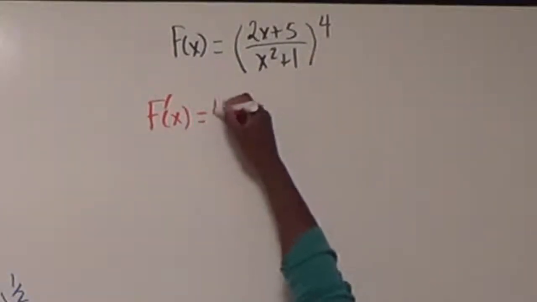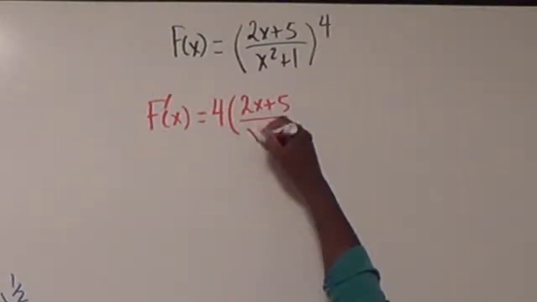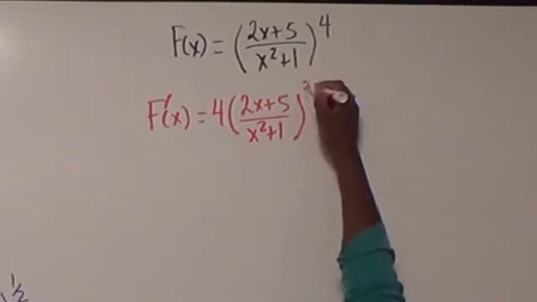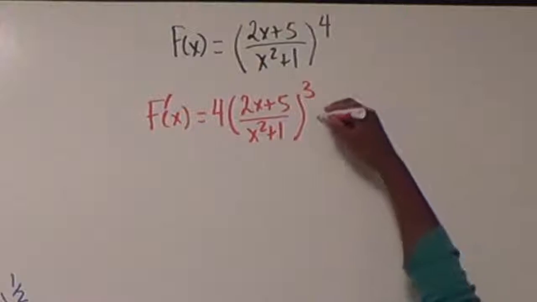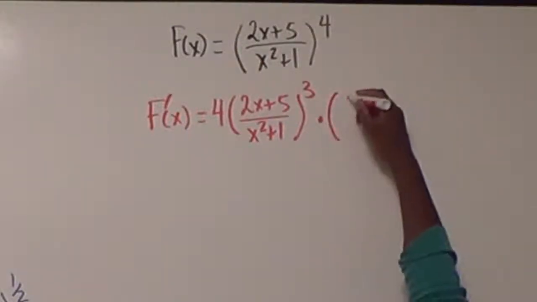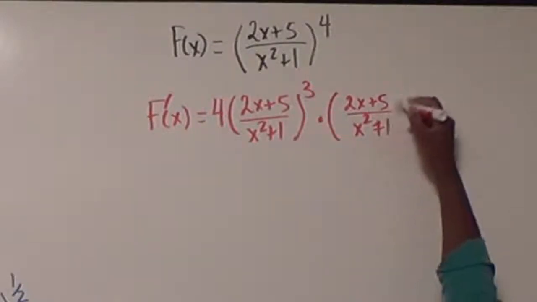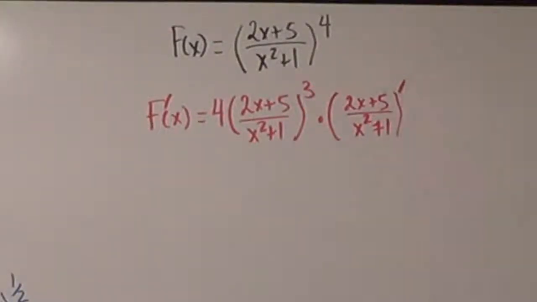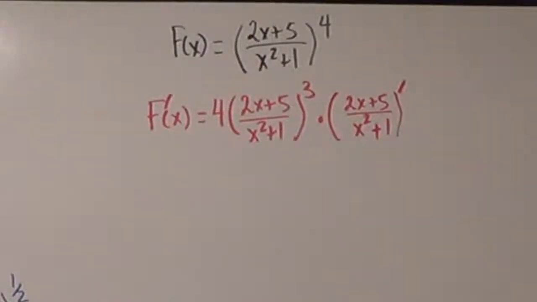So in this case, I would take my chain rule, which says I'm going to bring the power down front, subtract 1 from the exponent, and then I'm going to multiply by the derivative of the inside. Okay. In this case, the derivative of the inside is what brings about my quotient rule.